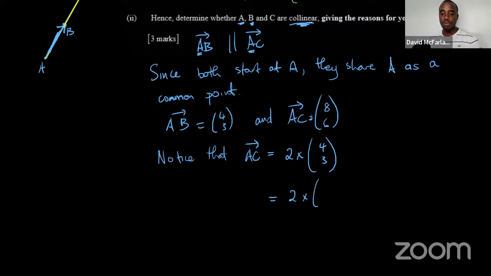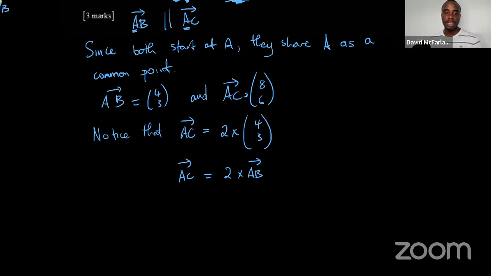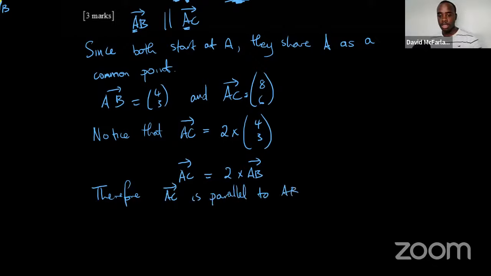So it's really 2 times vector AB. So here we have shown that AC is a multiple of AB. Therefore, they are parallel. AC is parallel to AB.